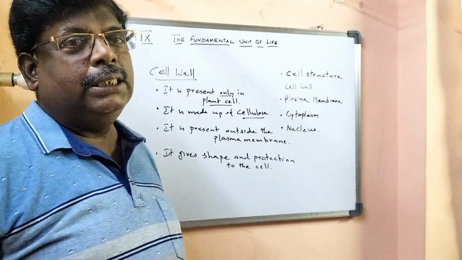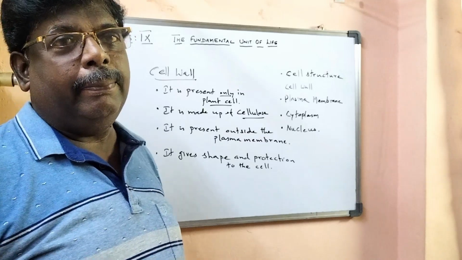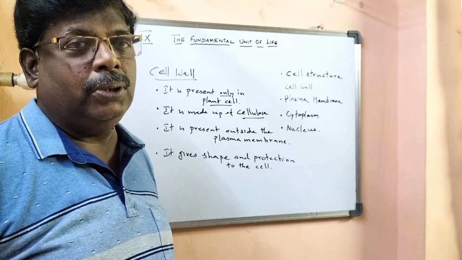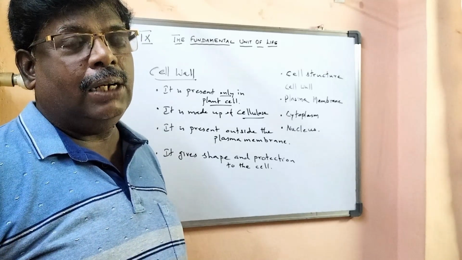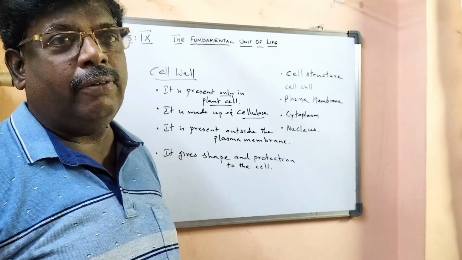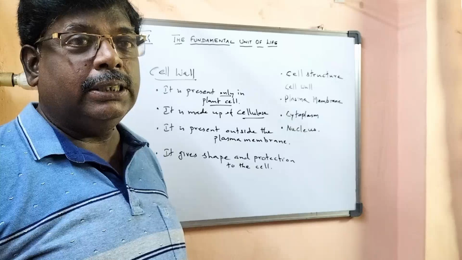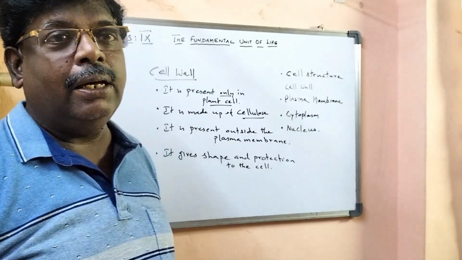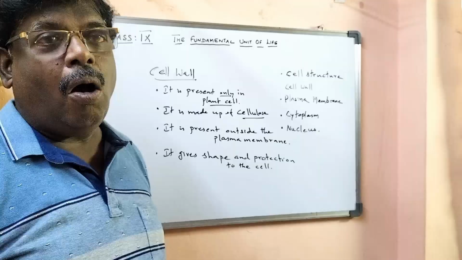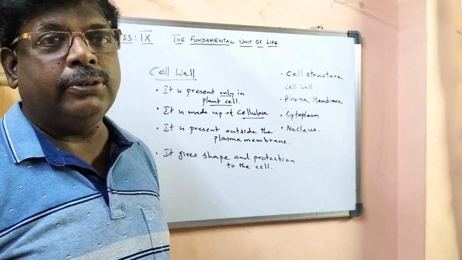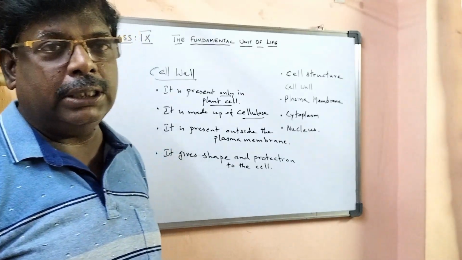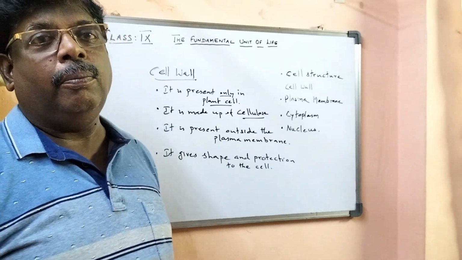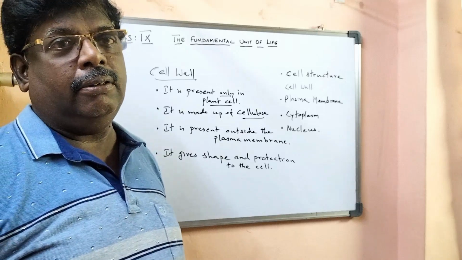Cell wall gives shape to the cell, and gives protection and support to the cell. Cell wall is the outermost covering. It is present outside the plasma membrane, an outermost rigid, strong covering made up of a chemical substance called cellulose, and it gives shape, protection and support to the cell.